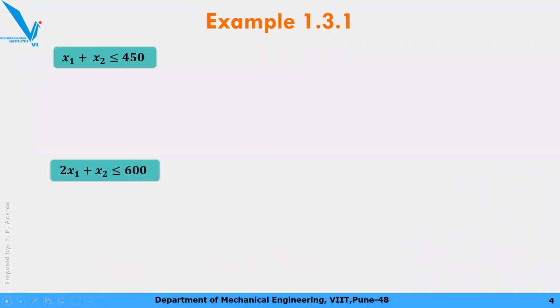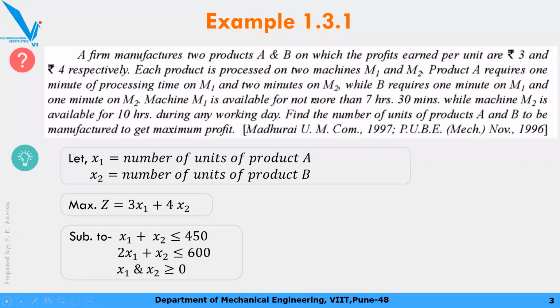So you got these two constraints. I have converted them into minutes. So 7 hours and 30 minutes is nothing but 450 minutes. Okay, so this is your first constraint. Second constraint, 2x1 plus x2 less than or equal to 10 hours, that is 600 minutes.